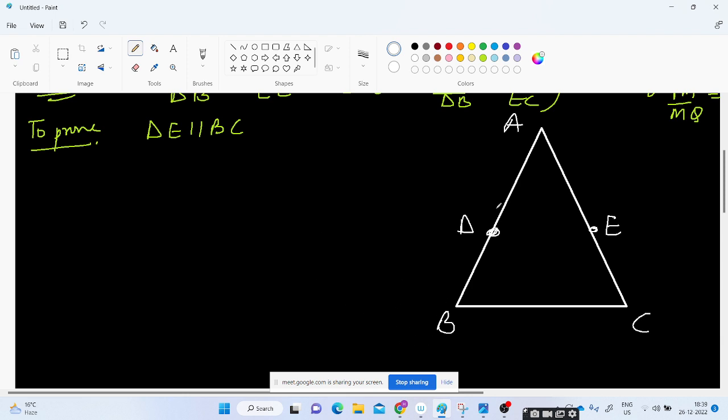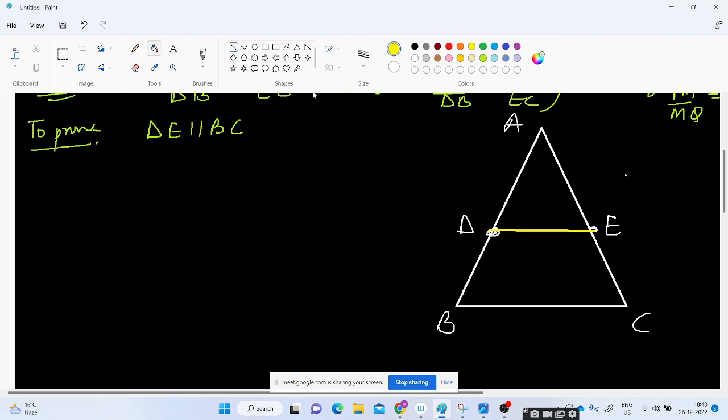So now what is given to us, AD upon DB is equal to AE upon EC. Okay, now we do one construction. Now we have to prove DE is parallel to BC.